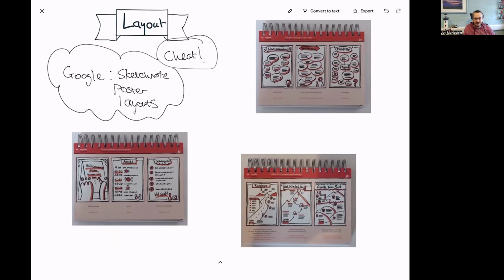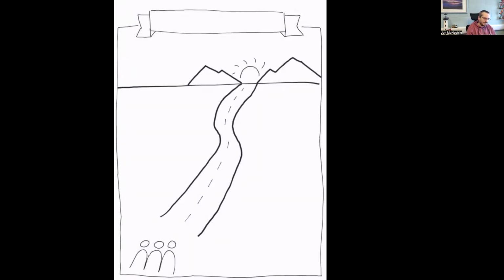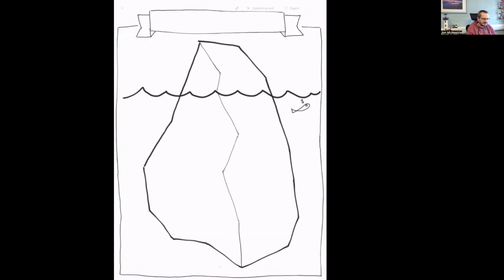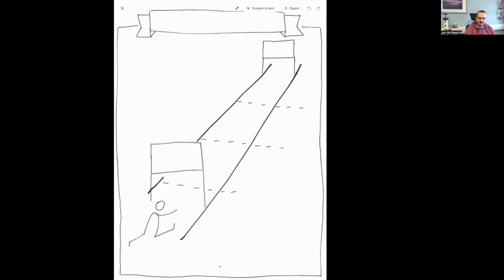And I'll share a few images of ones that I think are helpful. You'll recognize this one. There's a few more, winding roads, and coaches love an iceberg, don't we? A tree and so forth, and a racetrack. Yeah, definitely these kinds of things are great.